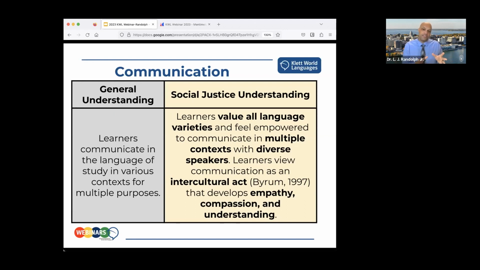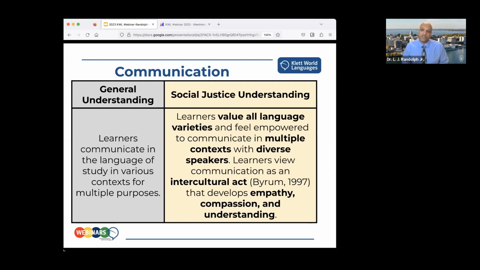So the general understanding is what's currently in the World Readiness Standards. And what you see in the social justice understanding is a way that I think would be good for us to think about expanding that description so that it creates space more easily for us to incorporate justice-oriented themes into our class.